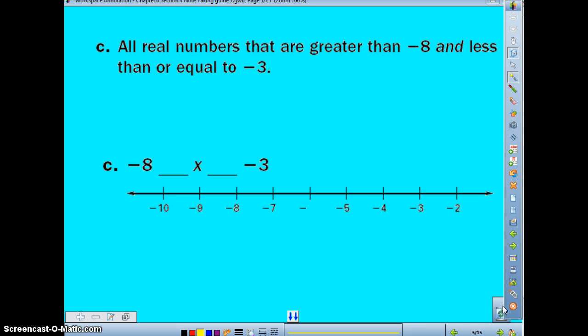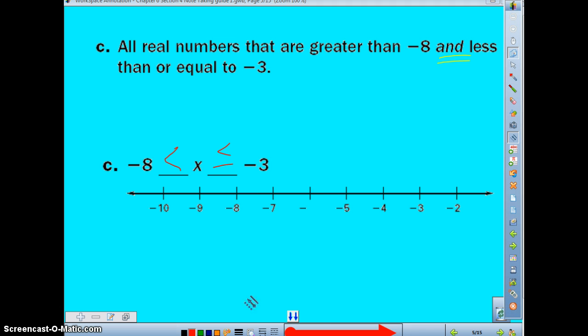All right, so example 3. All real numbers that are greater than -8 and less than or equal to -3. So let's see what we've got. -8 has to be less than x because x is greater than -8. And x is less than or equal to -3.